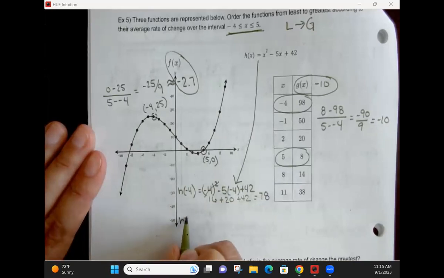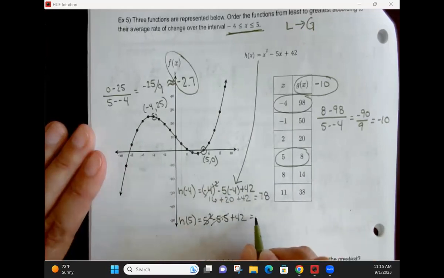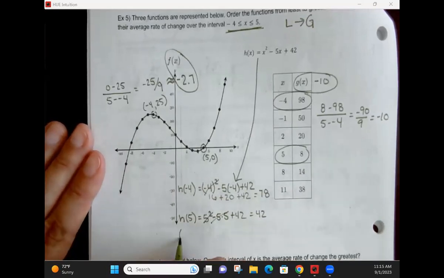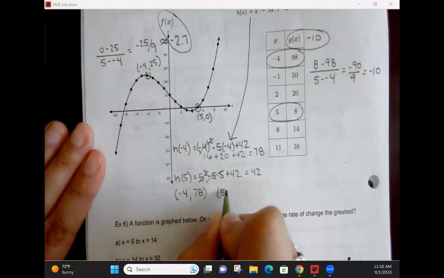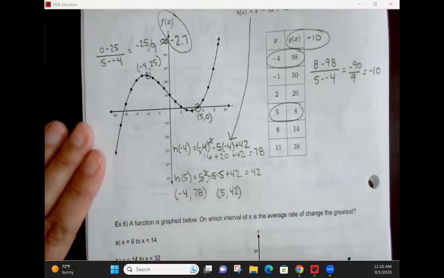And then h of 5 would be 5 squared minus 5 times 5 plus 42. So that's 25 and that's 25. Since we're subtracting them, I'm just left with 42. So I need to find the rate of change between the points -4, 78, and 5, 42.